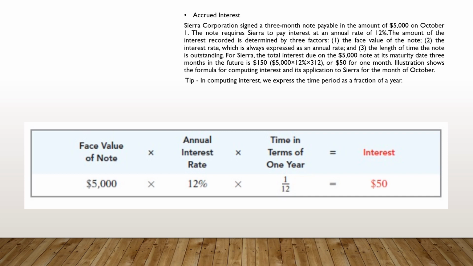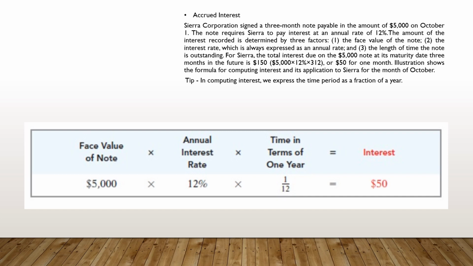And 3rd, the length of time the note is outstanding. So for Sierra, the total interest due on the $5,000 note at its maturity date, 3 months in the future, is $150, right? So it's $50 for 1 month.